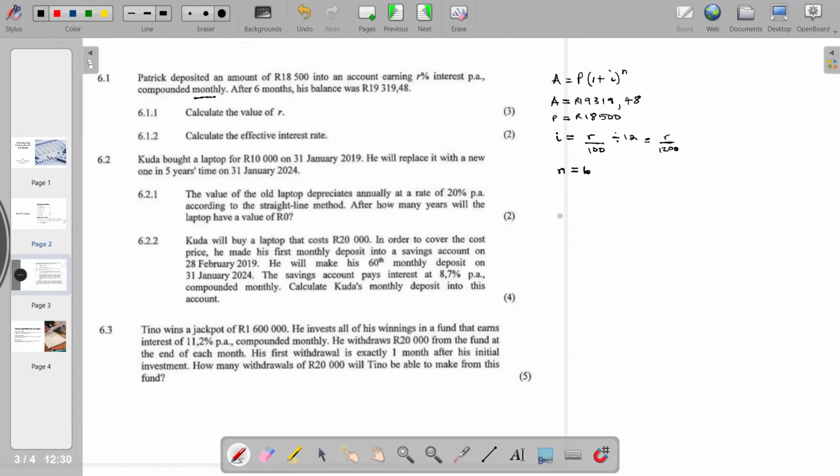Substituting these values in the formula, we are left with 19,319.48 being equated to 18,500 times bracket 1 plus i, which is R over 1,200, to the power n. Our n is 6 months.